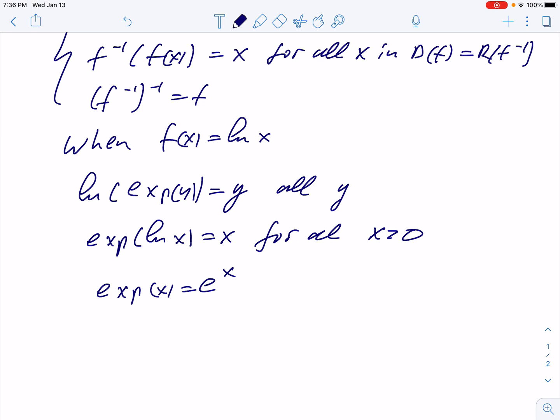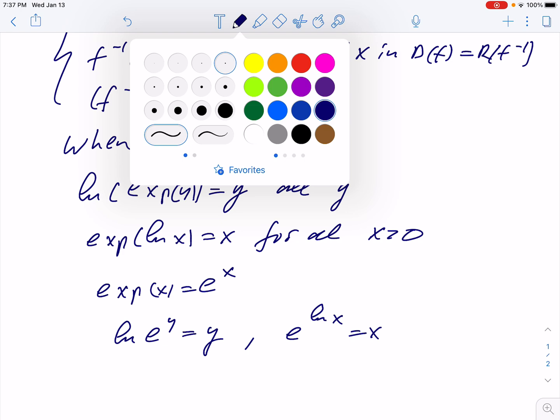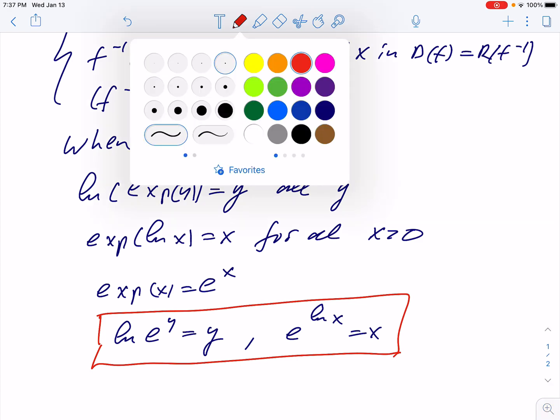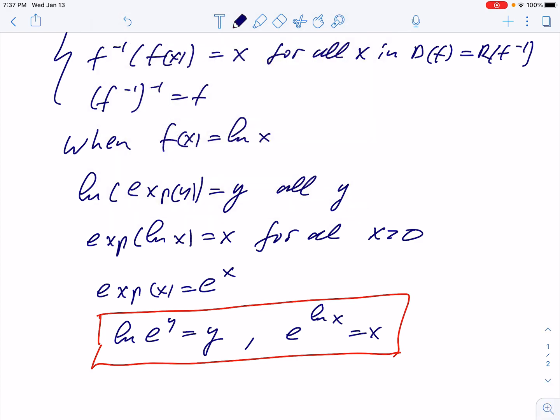The natural relations take this form: natural log of e to the y equals y, and e to the power natural log x equals x. So these are basic relations shortly connecting the logarithm and the exponential function.